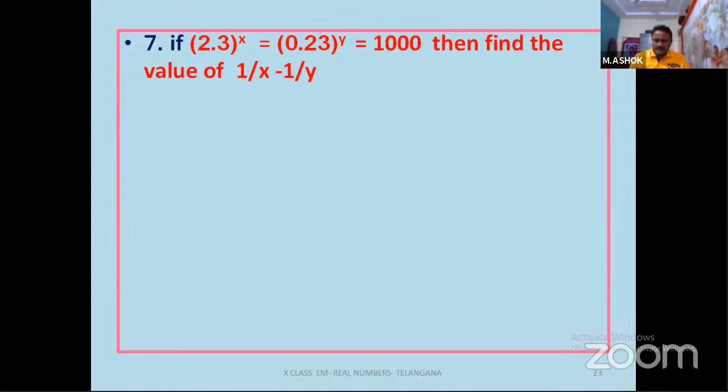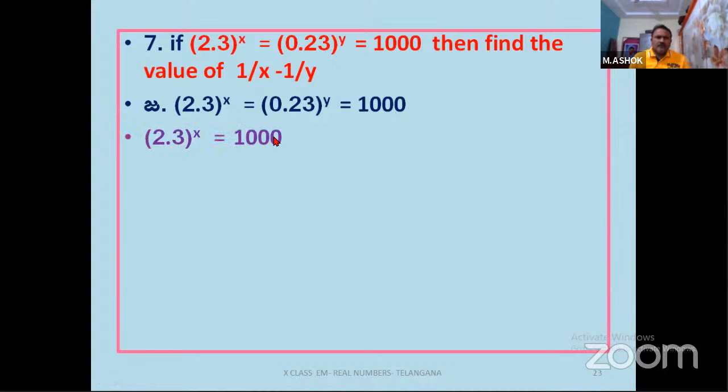Okay, I tell you. First of all, 2.3 to the power of x is equal to 0.23 to the power of y is equal to 1000. Now take only one part: 2.3 to the power of x is equal to 1000. All these three are equal.